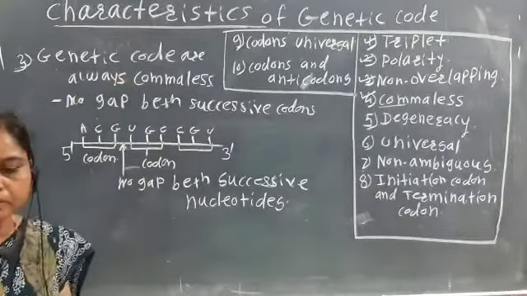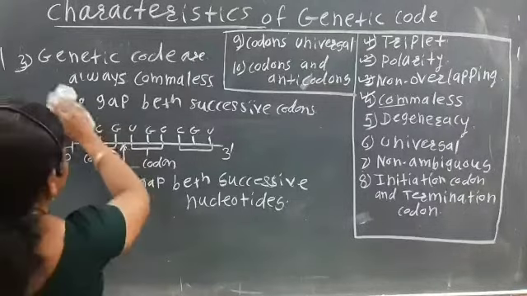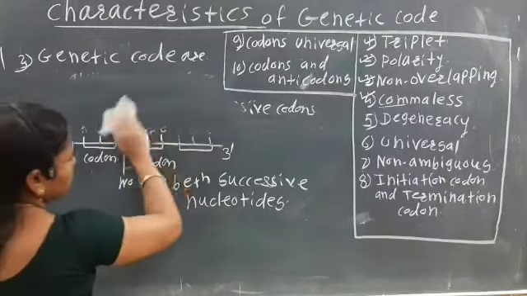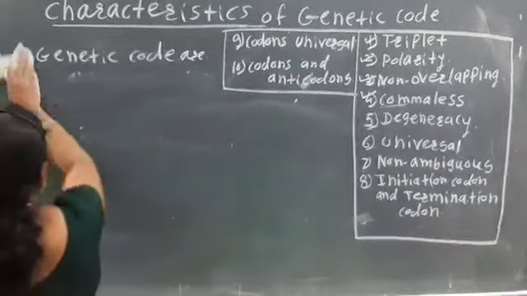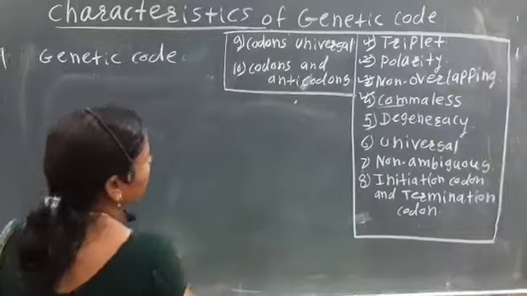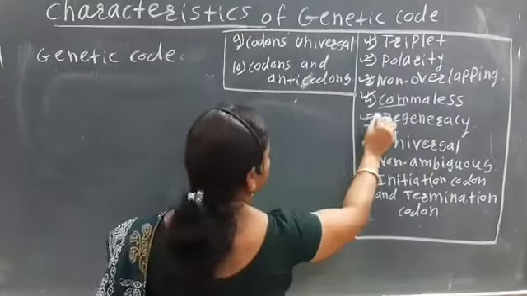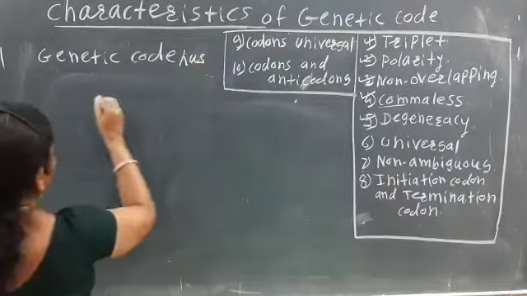Okay. Then the next characteristic, the fifth, is that the genetic code has degeneracy.